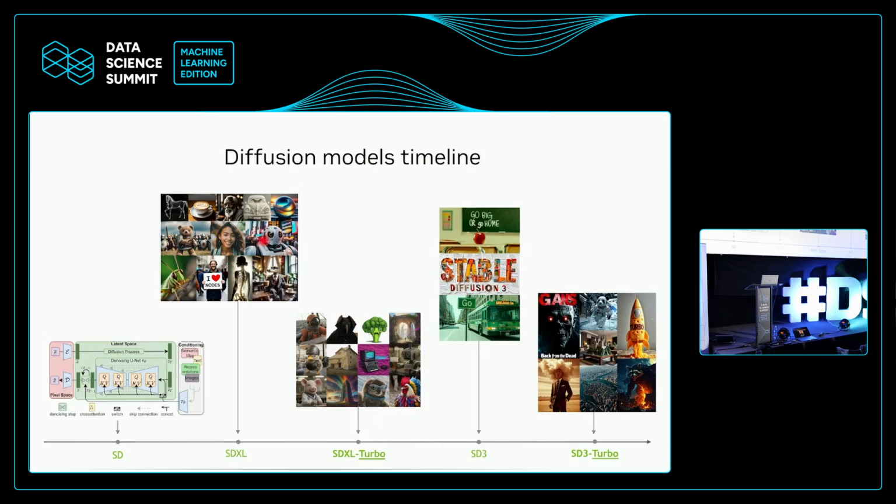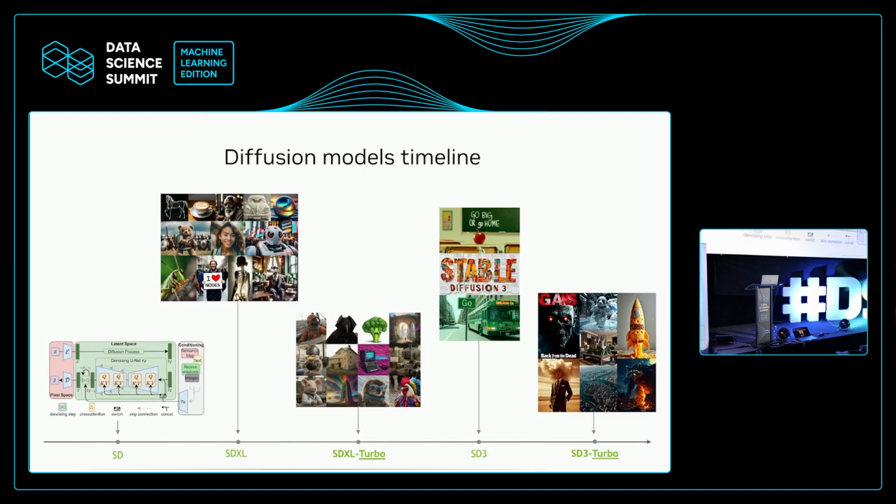They have not been trained from scratch. So we start from the SDXL model, and we only fine-tune it to obtain SDXL Turbo. Similarly, we start from the SD3 model, and we only fine-tune it to obtain SD3 Turbo. What does this turbo mean? Well, what is this fine-tuning technique? I will talk about it later.